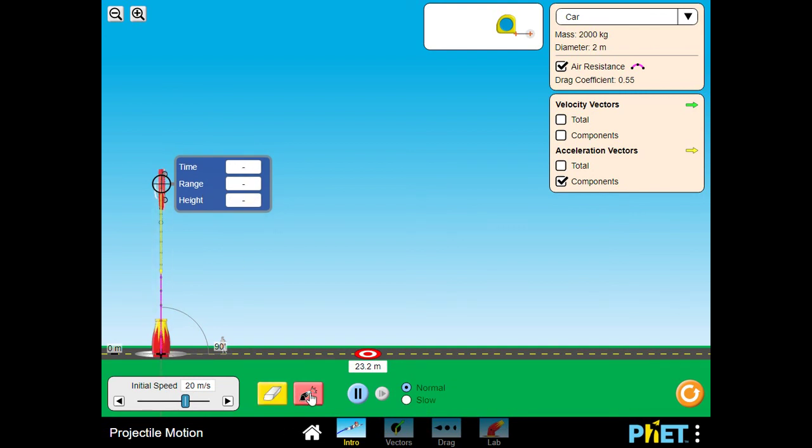Here it is, 2.02, without air resistance.